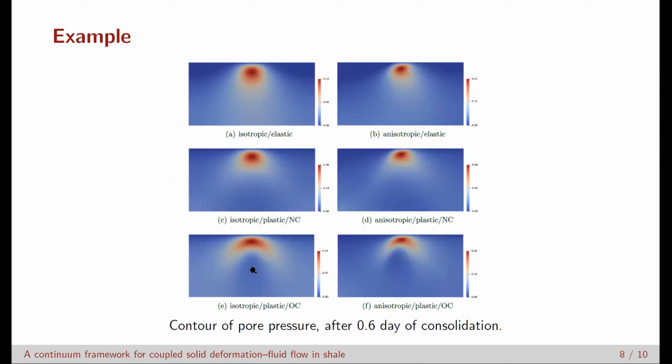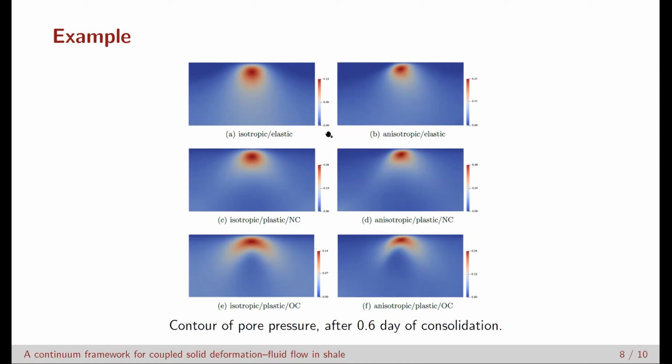The left column is a comparison result generated with an isotropic media, while the right column results generated with the anisotropic media. As you can see, the contours generated with the isotropic media will be symmetric along the vertical center line. However, when anisotropy were accounted for, the distribution of pore pressure will be skewed.